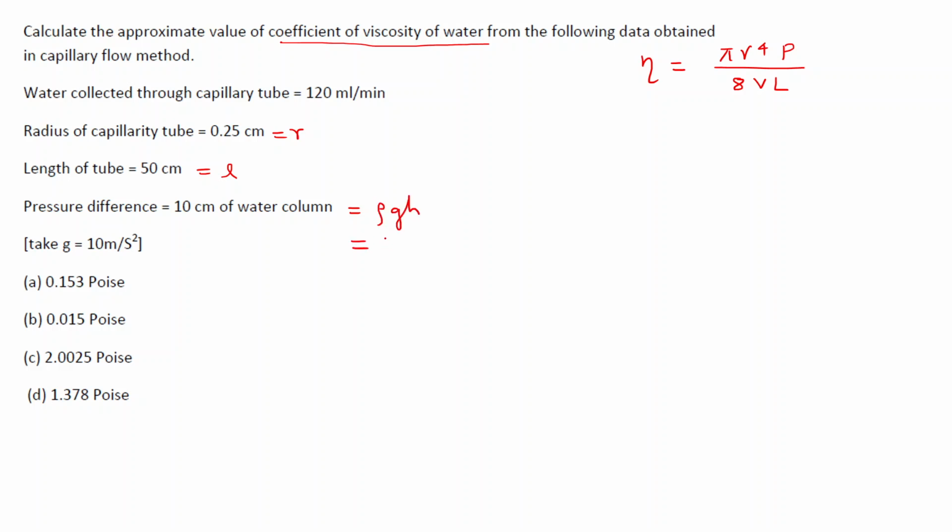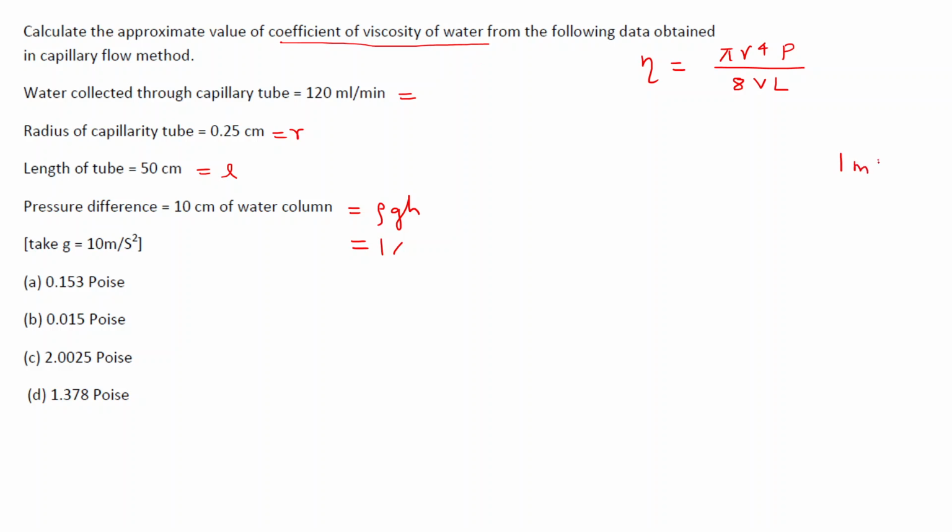So the density of water in CGS we can take as 1, or I can substitute it later in the final expression, that's okay. So the radius value is this. Now I'll convert this water flow rate, which is milliliter per minute, into CGS. So we have 120 milliliter per minute. 1 ml is 1 centimeter cube, you should know this.